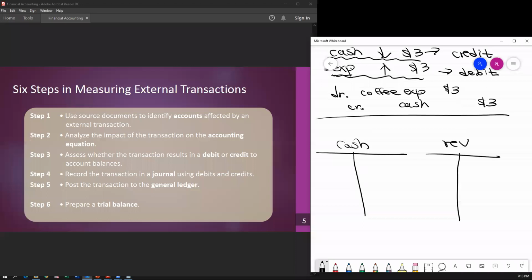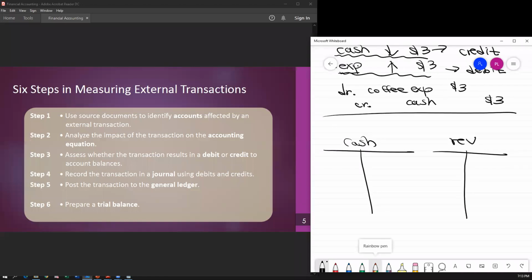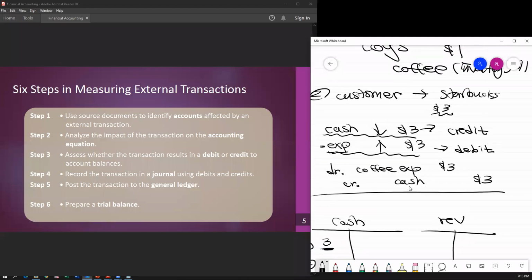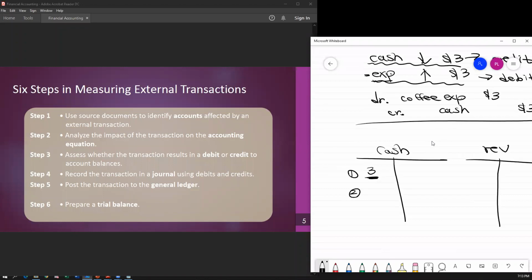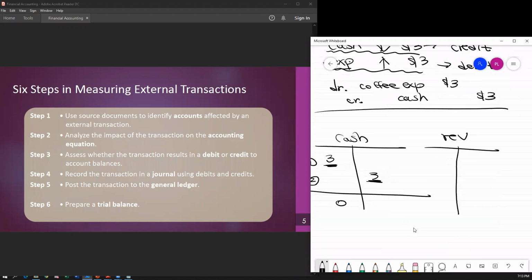Based on number 2 transaction, we reported a credit to cash, or a decrease in cash. So at the end of the day, we report 0 change with respect to the cash transactions.